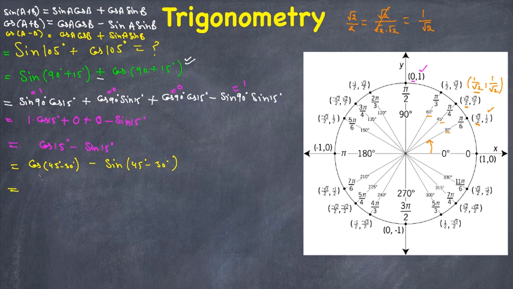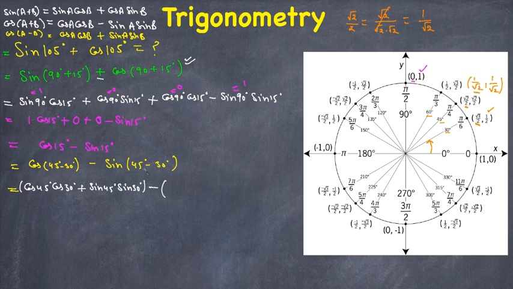Okay, so cosine 45 minus 30 can be written as cosine 45 degree cosine 30 degree plus sine 45 degree sine 30 degree. Then we got this minus sign here. I'm gonna put parentheses just to separate them out.